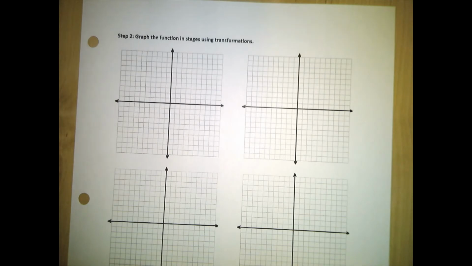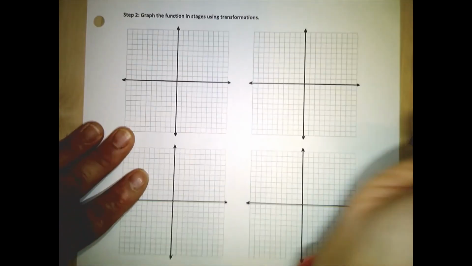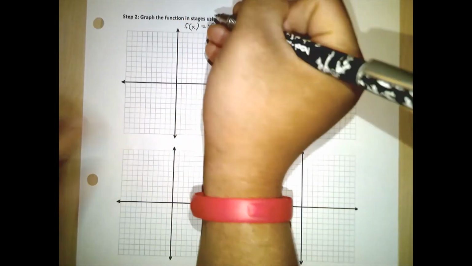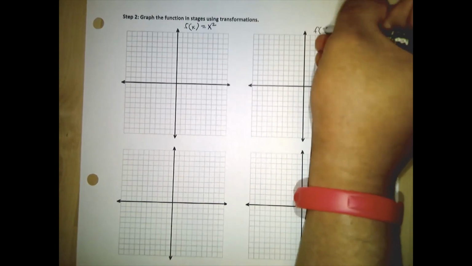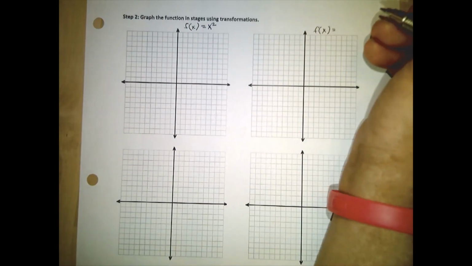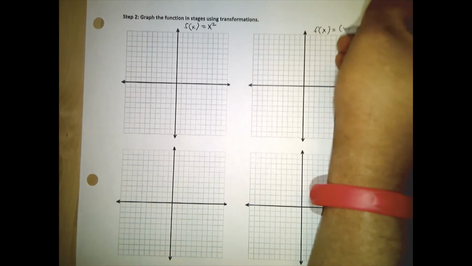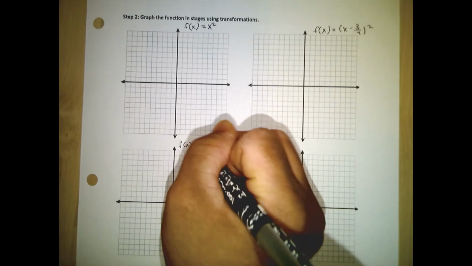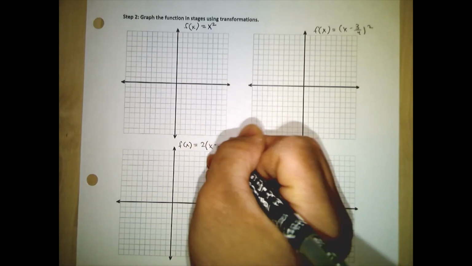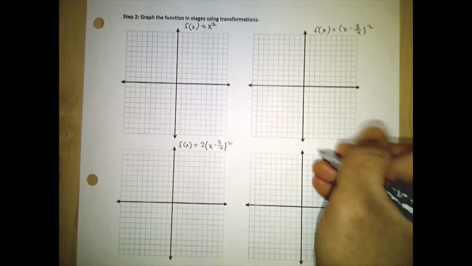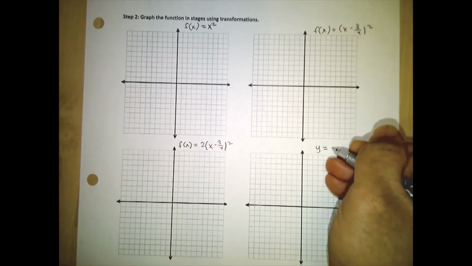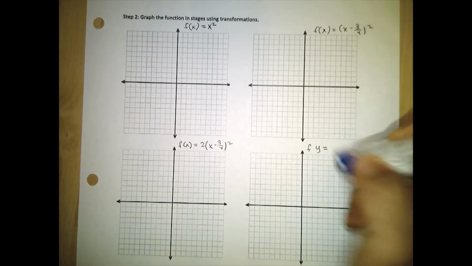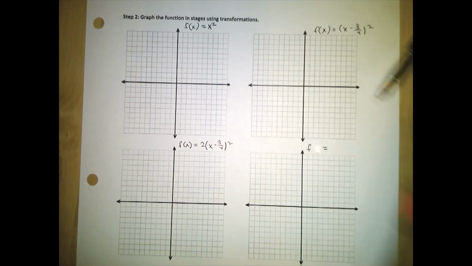So you would start out with, remember, f(x) is x squared. Then we have f(x) is going to be (x - 3/4) squared. So the next one we would have is 2 times (x - 3/4) squared. And then f(x), or y, it doesn't matter, but I'll just keep the f(x) for all of these now.